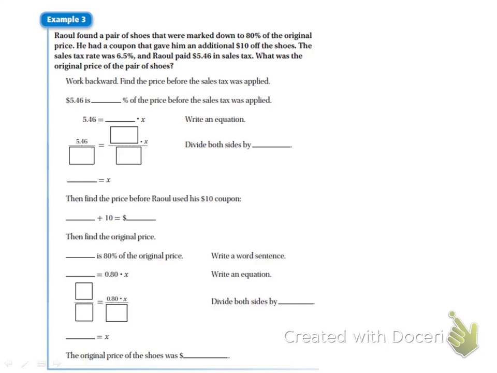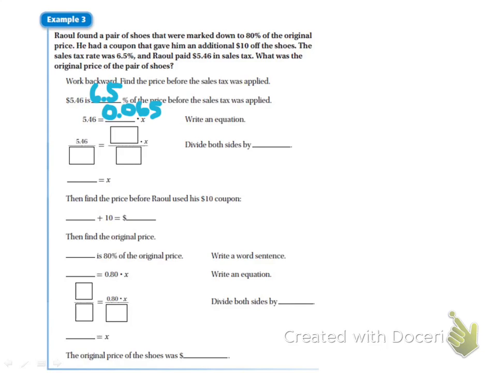So we're going to work backwards to find the price before the sales tax was applied. So $5.46 is 6.5% of the price before the sales tax was applied. So we're going to write this as an equation. 5.46 equals 0.065 times x.